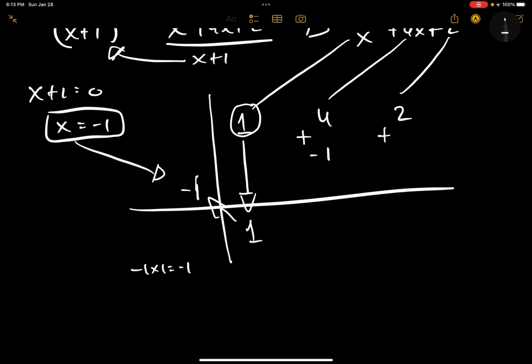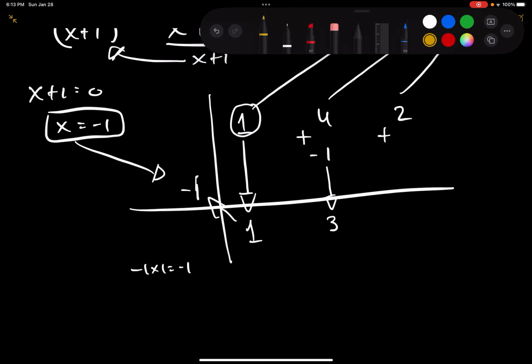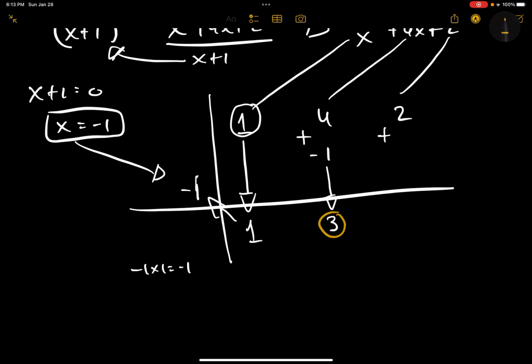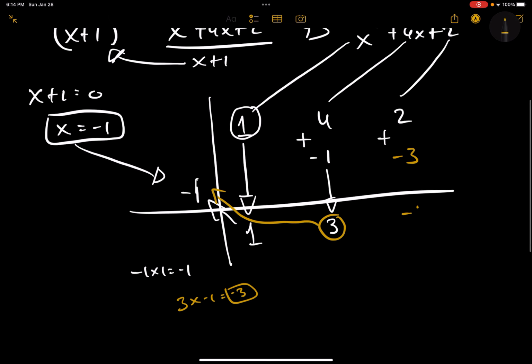So this is always being added. Two numbers are going to be added here. In this case, 4 plus minus 1 is 3. And we bring down the 3 here. And then after this, we basically do the same cycle again. 3 multiplied by minus 1 is minus 3. And so we bring it here, minus 3. 2 plus minus 3 is minus 1.